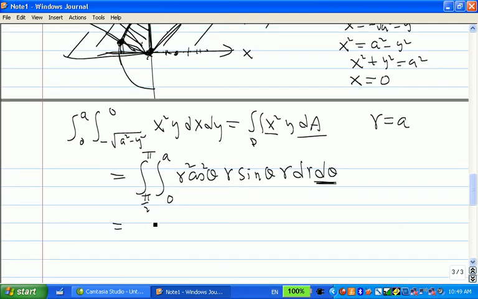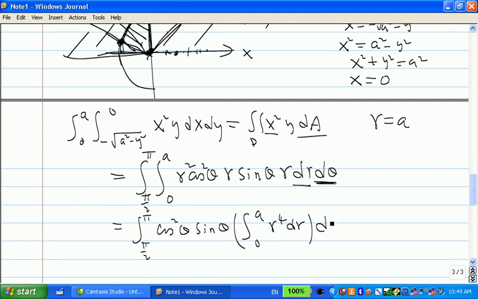Now let's integrate this one. This is much easier to integrate than the original iterated integral. This is the integral with respect to r. Theta is constant, so you've got cosine squared theta, sine theta, they're all constant. You really only need to integrate r to the 4th dr, then d theta.